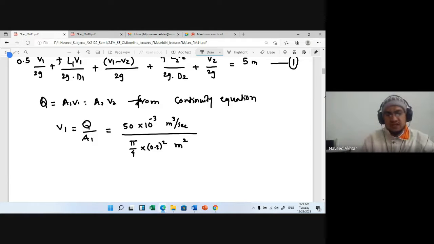So we will get the velocity V1, that is 1.59 meter per second.